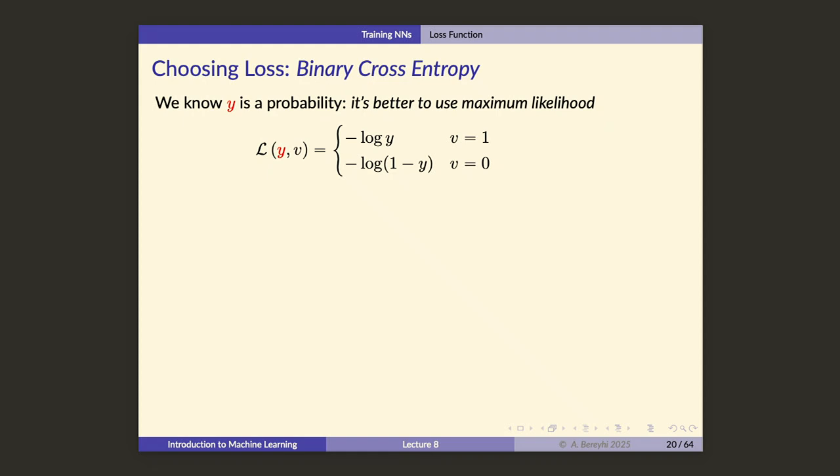So v equals 1, and I'm going to compute the loss between y and v to be log of 1 over y. y is the output of a sigmoid function, so it's between 0 and 1. When is this expression minimized? What is the minimum value this expression could get?